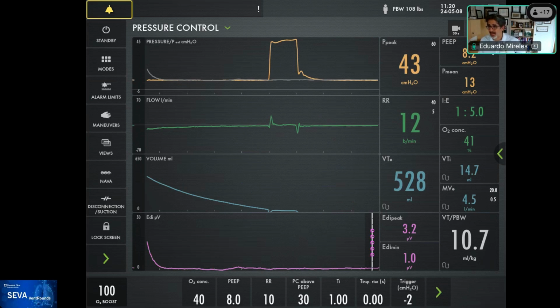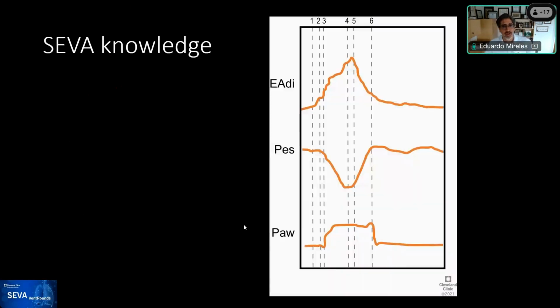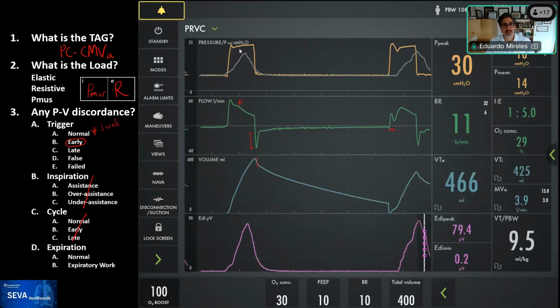I think that it's an outstanding learning case with many things. So just to recap for all of you, you got to see this issue where we have a synchronous breath by chance. We got to see early trigger and how to read it with electrical activity of the diaphragm. You got to see a severe obstructive process with activation of the expiratory muscles.